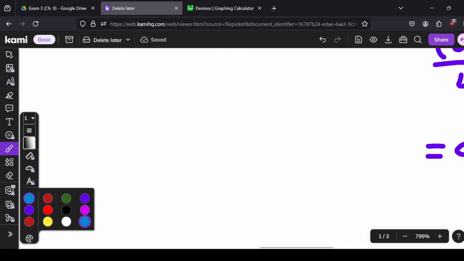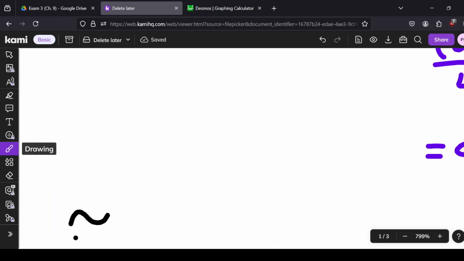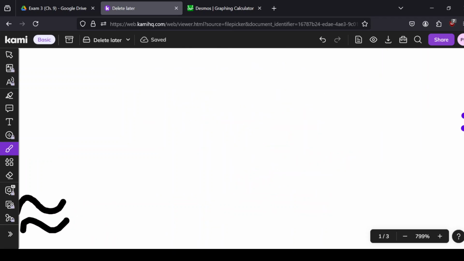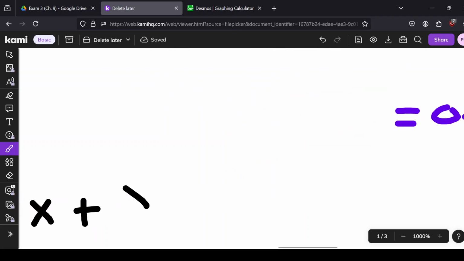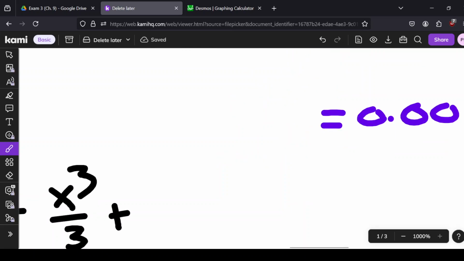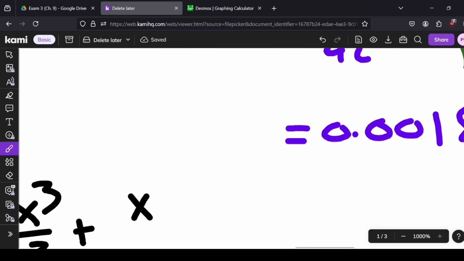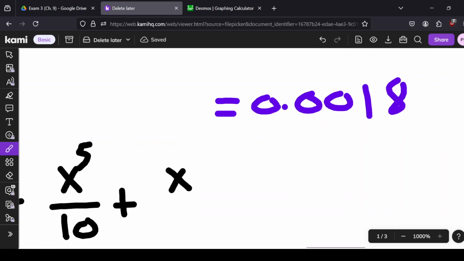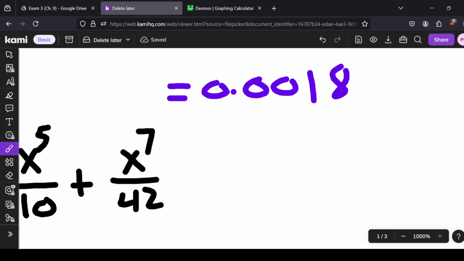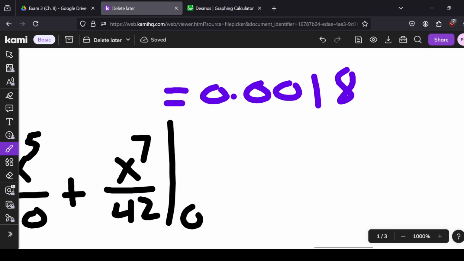So, I believe it equals x plus x cubed over 3. Just copying it down. Plus x to the 5th over 10 plus x to the 7th over 42. Evaluate from 0 to 0.5.